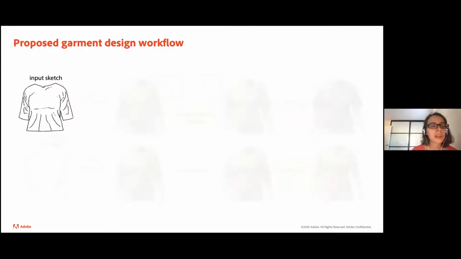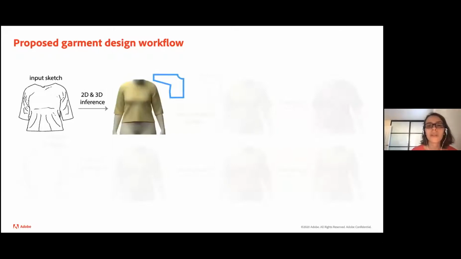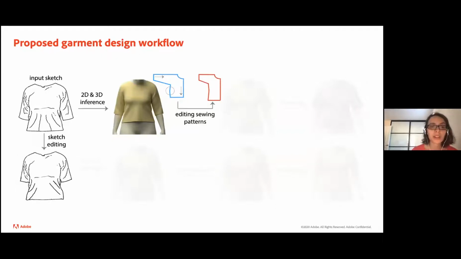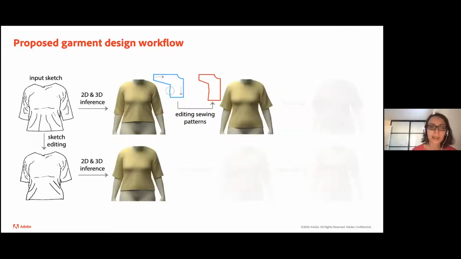Specifically, given an input sketch of a garment, we want to build a system that can automatically infer the parameters of the garment patterns, as well as how the garment would look like in 3D. So given such predictions, the designer can go and either make some changes to the patterns themselves or go and edit the sketch directly, and the system can update its predictions, so we get the updated design.